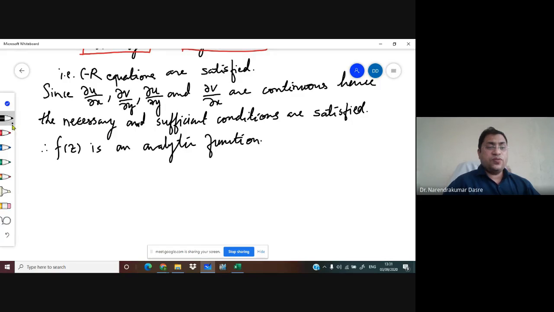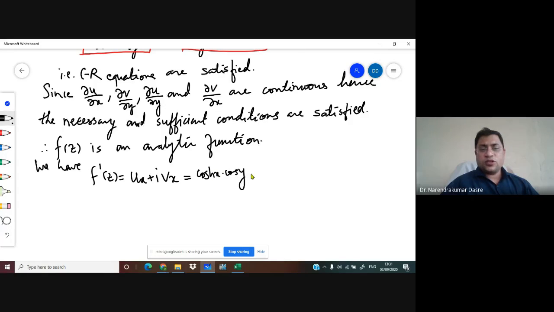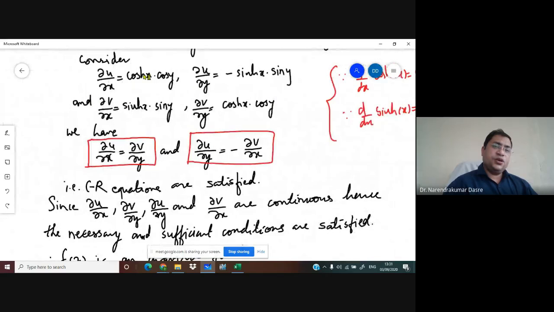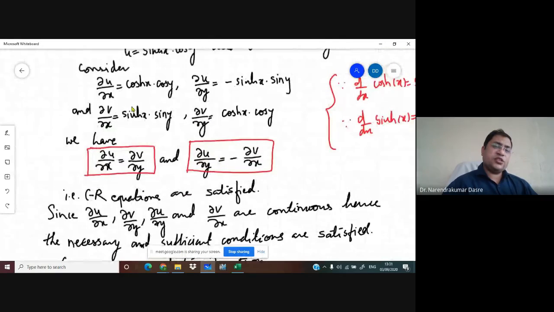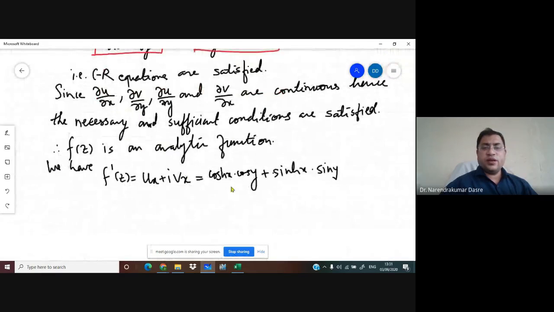So f dash of z is equal to u_x plus i v_x. What is u_x we have got? It is cos hyperbolic x cos y plus sin hyperbolic x sin y, so we got u_x plus i v_x here.